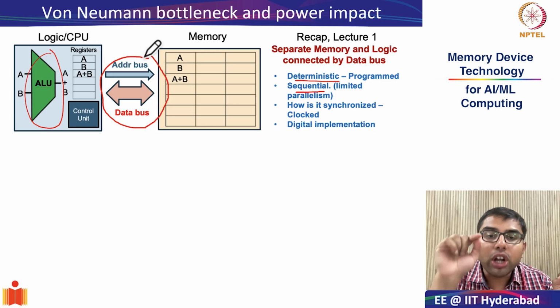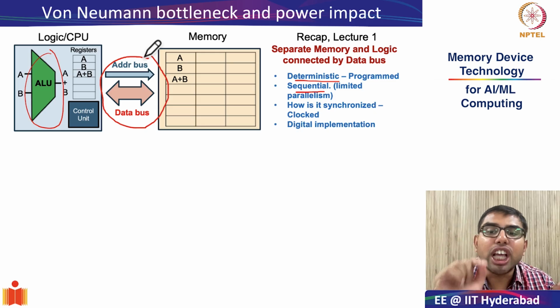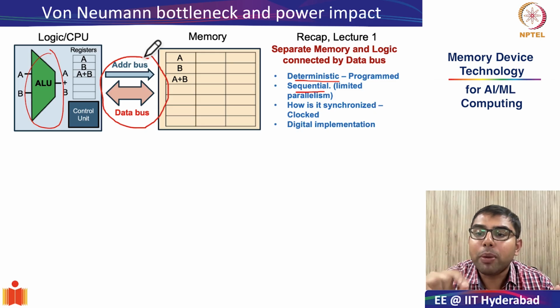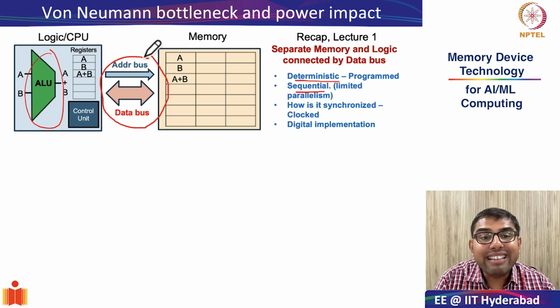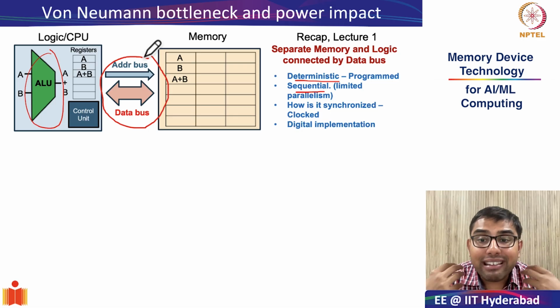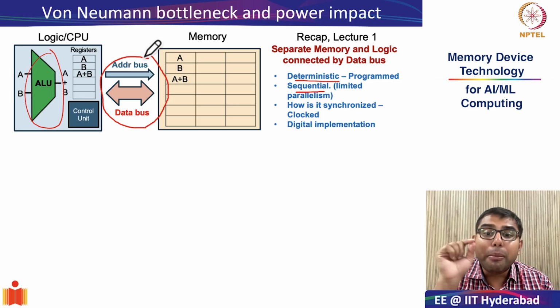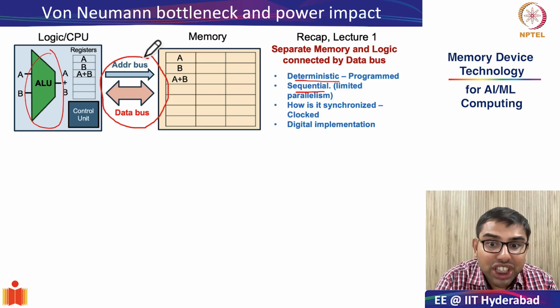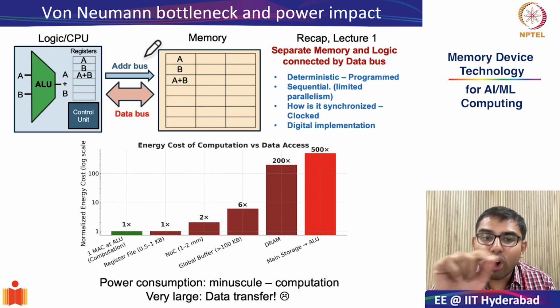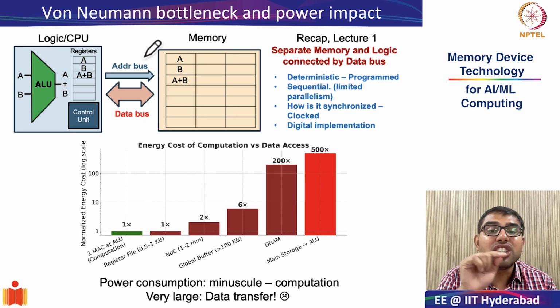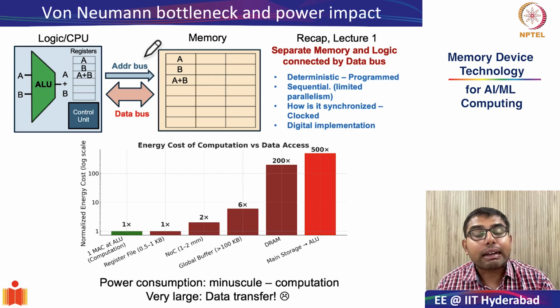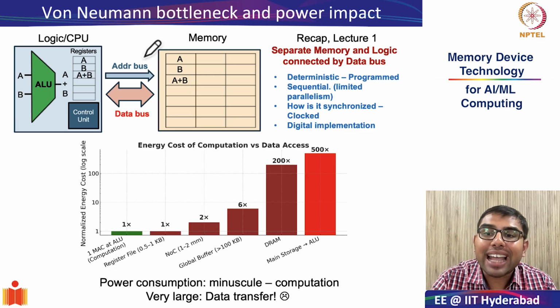And that is what causes the key issue of the von Neumann bottleneck, because this bus, which is shuttling data back and forth at very rapid rates, becomes the limiting factor, not just for data transfer speed, but as we will see, also for the energy cost required for shuttling this information back and forth.